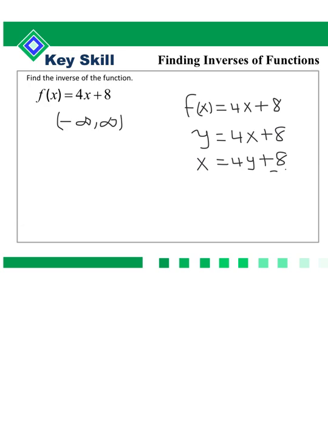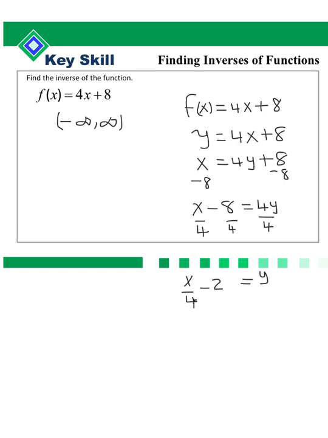Now I'm going to subtract 8 from both sides. So I get x minus 8 equals 4y. Then I'm going to divide everything by 4. So what do I get? I get y equals x over 4 minus 2.